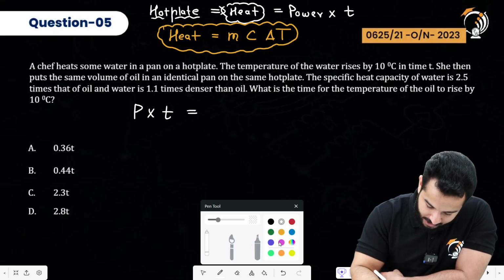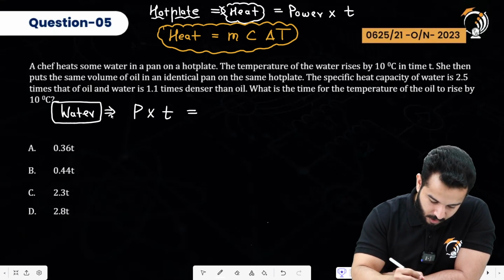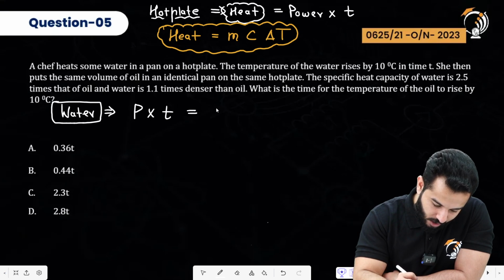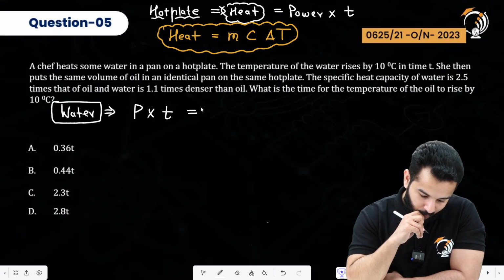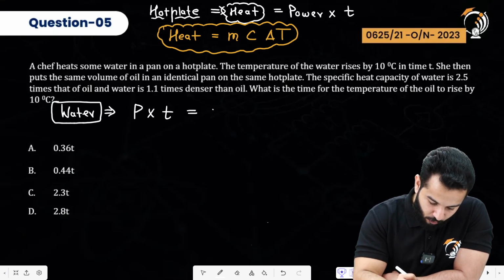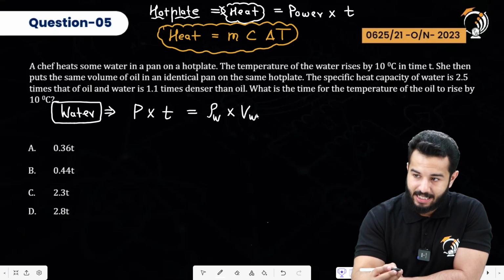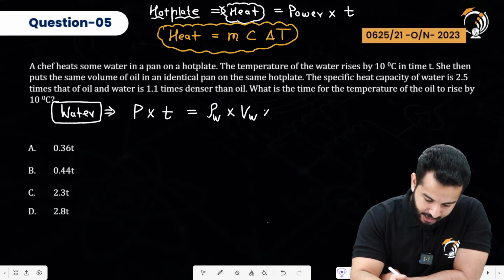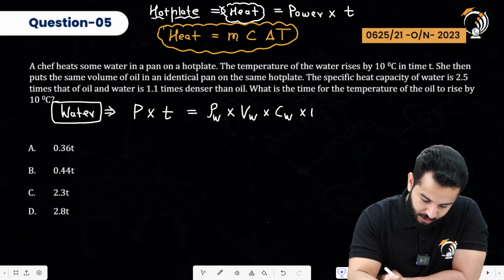By the way, I'm writing all of this for water right now. Instead of mass for water, I can write density of water times volume of water, times specific heat capacity of water, times change in temperature, which was 10 degrees Celsius.